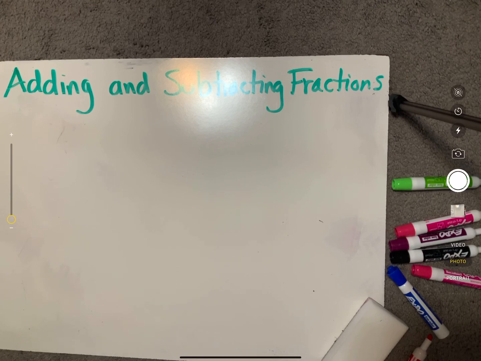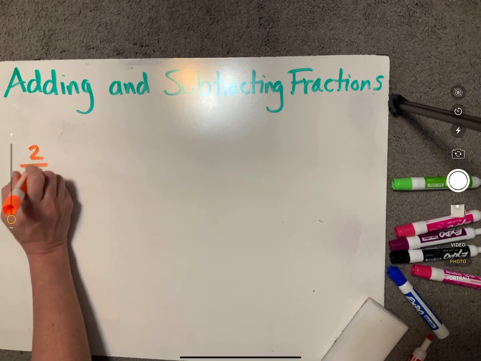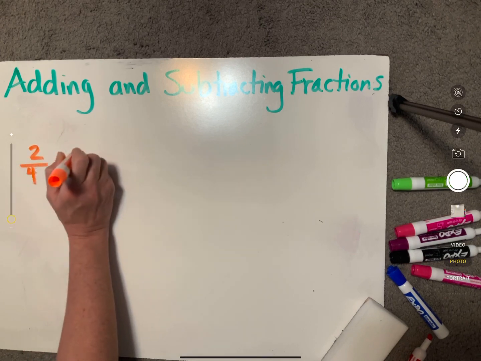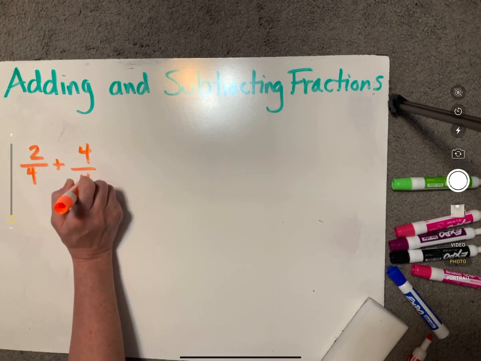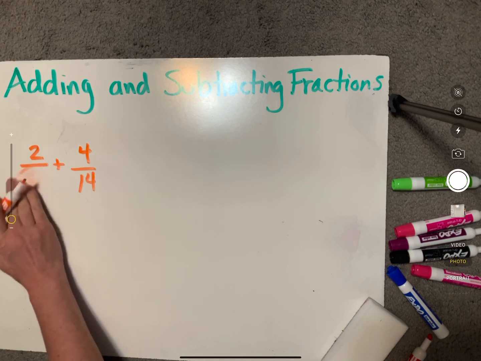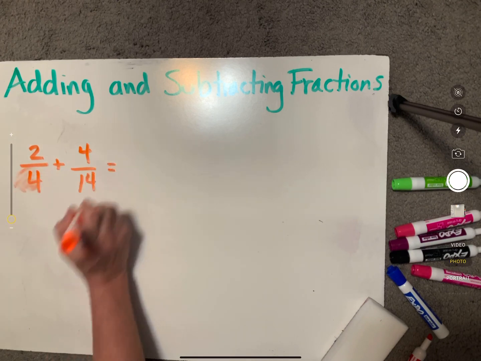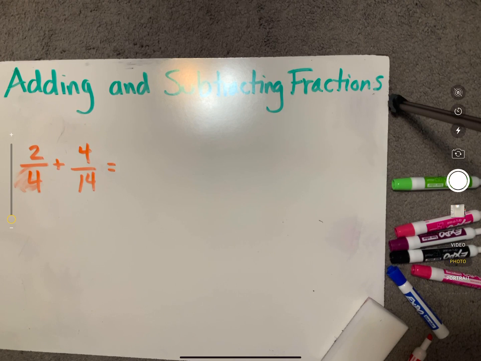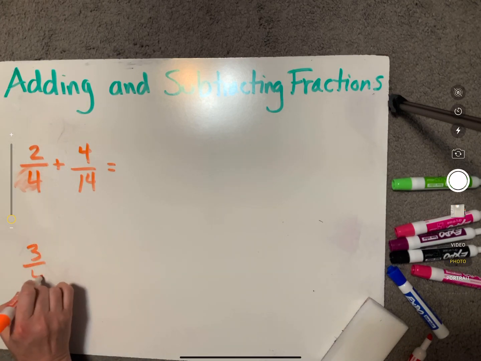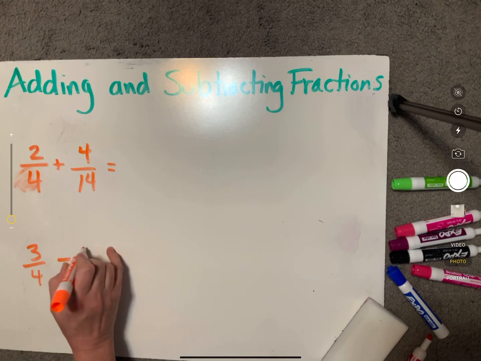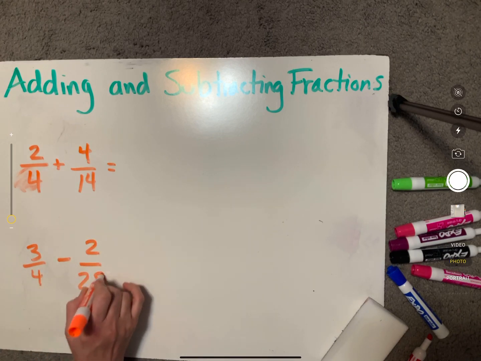All right, how about we do 2/4 plus 4/14. Yikes, my 4 got a little crazy. Okay, that's going to be one of our problems. And let's do 3/4 minus 2/28.